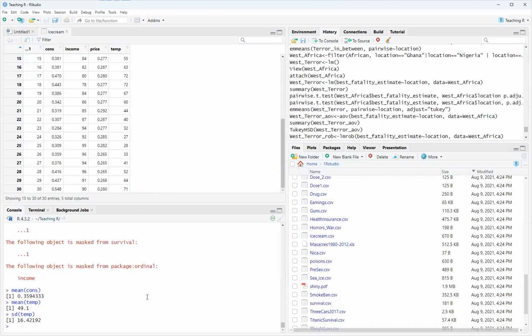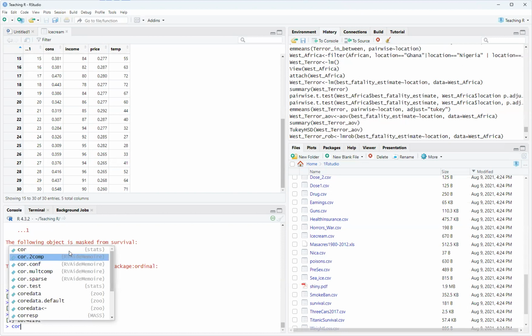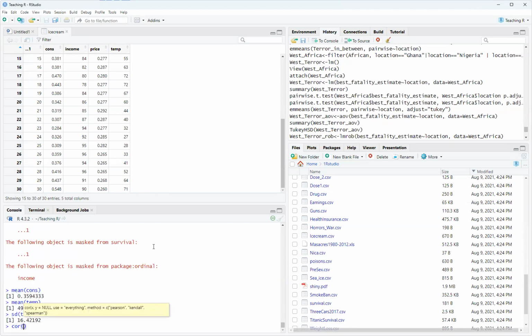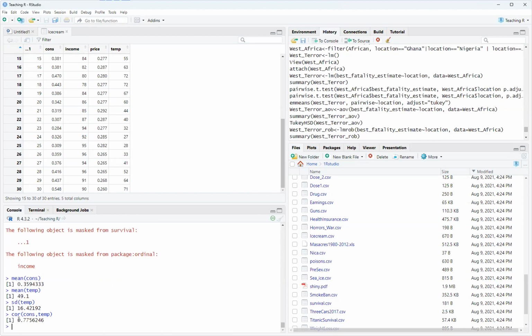So all you do is use a function, that's a command, COR, you go in here, right? And you look at consumption, I always put the dependent variable first. I'm going to explain that. And temperature. Ba-boom. Wow, that's pretty high because the most you can get is a perfect 1. So 0.77 is very high.